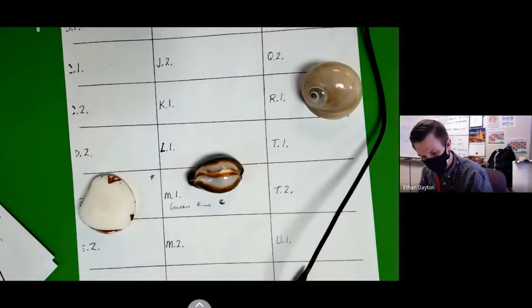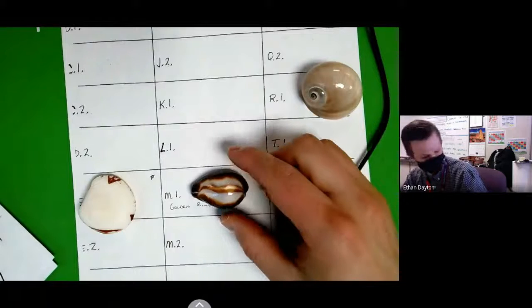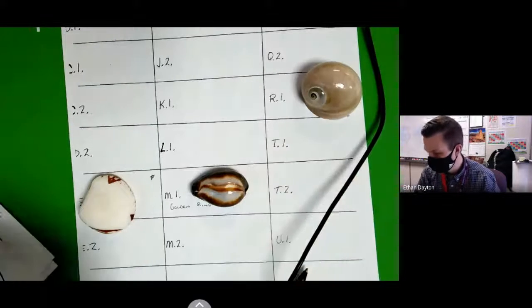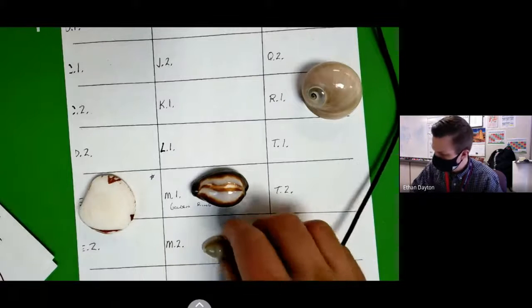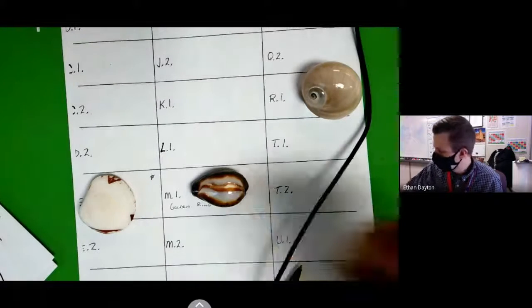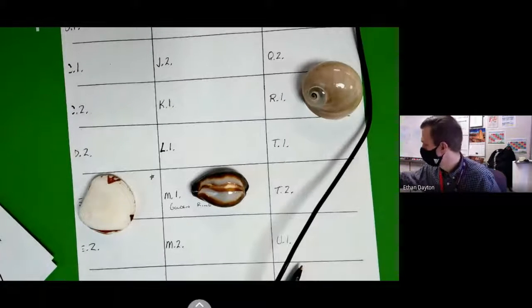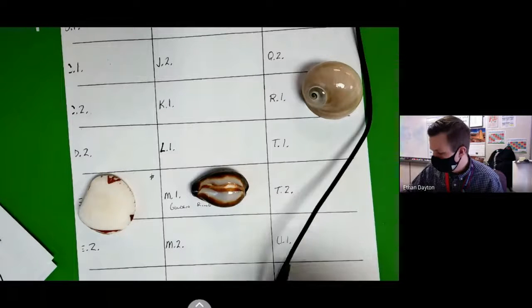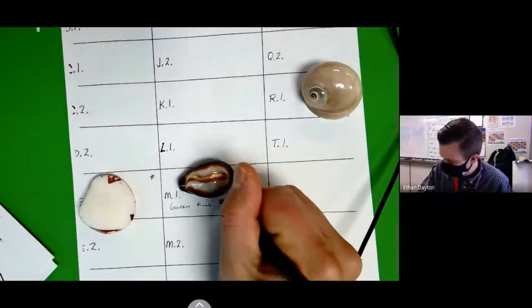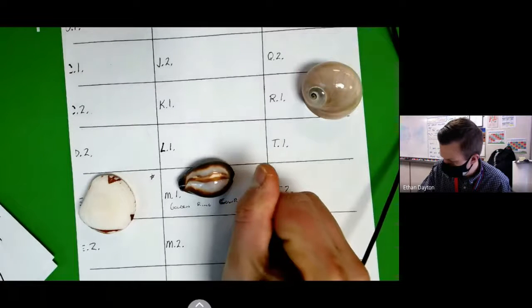Hmm. You know what I mean? Yeah, I do see what you mean. But this one looks like it's kind of all golden colored too. Hmm. Show me your other one that looks like that. Okay. Is that the other one?